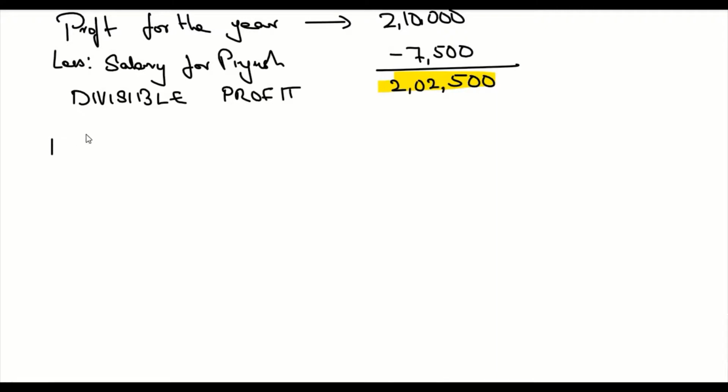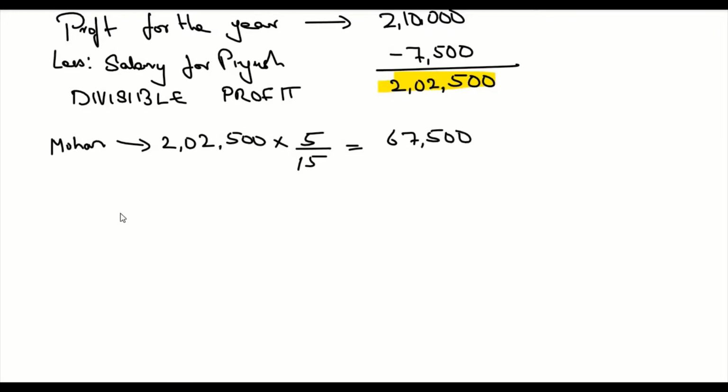So first thing is first partner Mohan. He is going to get 2,02,500 into his share of profit, which is 5 by 15, that is equal to 67,500.